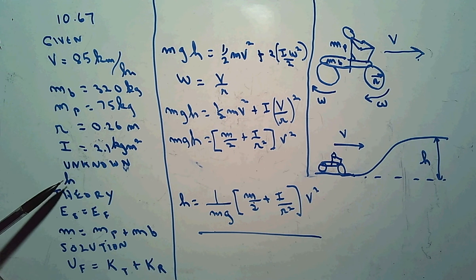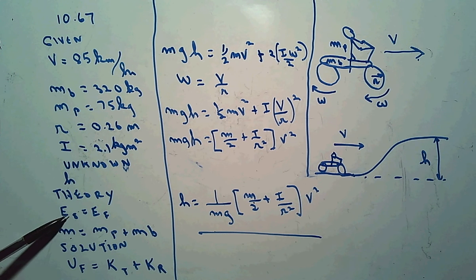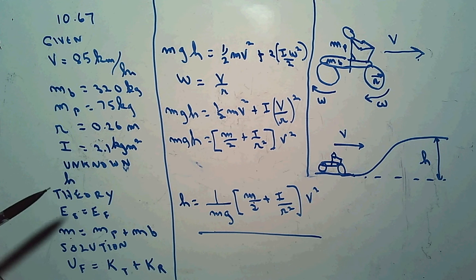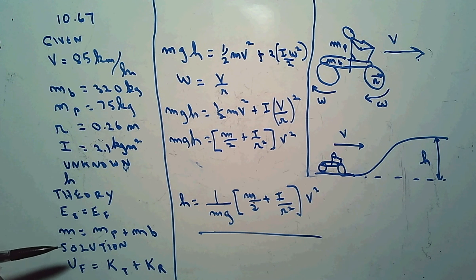Now, this is a conservation of energy problem in which the energy that you start with equals the energy that you finish with. Remember that we're going to put in the kinetic energy in terms of the mass of both objects, the bike and the person. So that's what M will be when we write the conservation of energy equation.